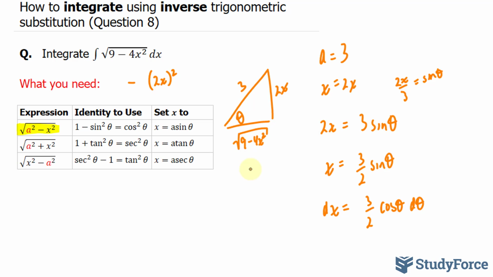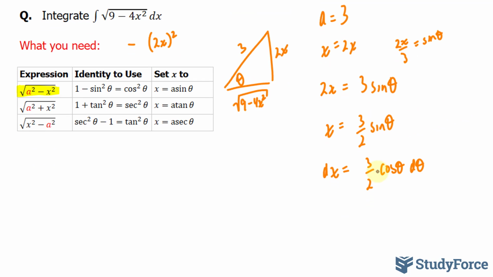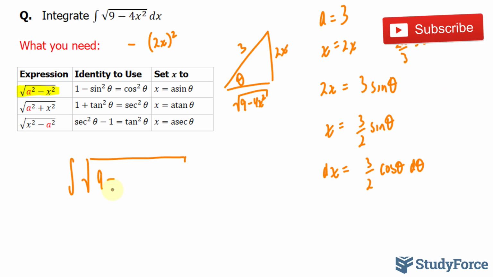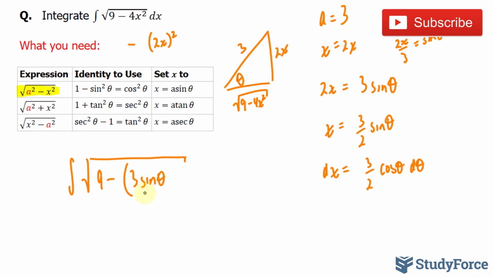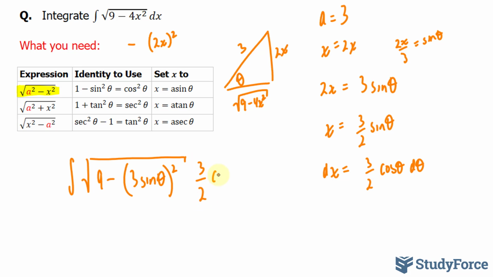But now what I'll do is replace what I set 2x as, which is 3 sine theta, and replace dx with the derivative. We have the integral of the square root of 9 minus, and I'll take 3 sine theta, and I'll square that in a moment, and replace dx with 3 over 2 cosine theta d theta. Now our integral is exclusively in terms of theta.